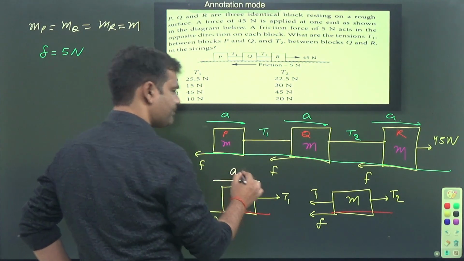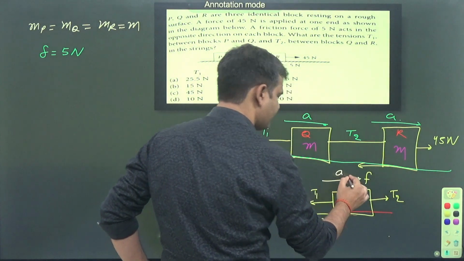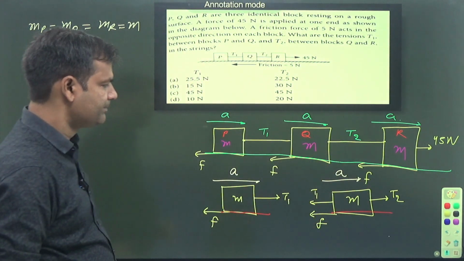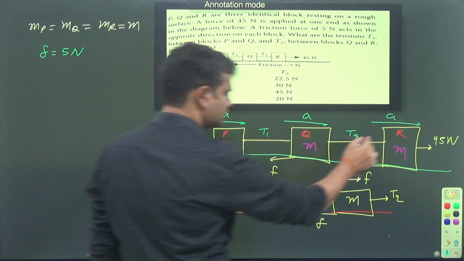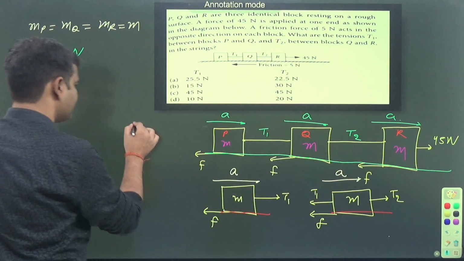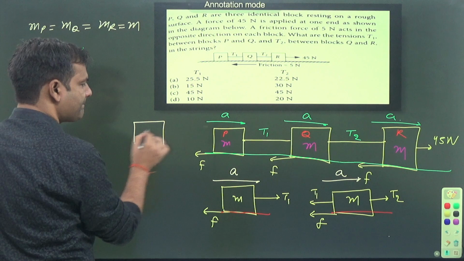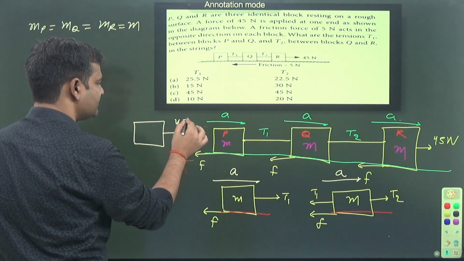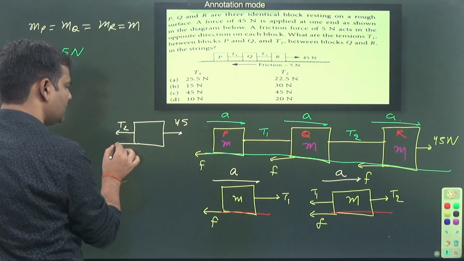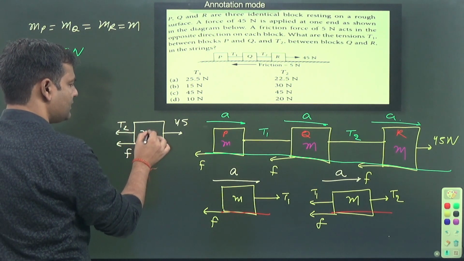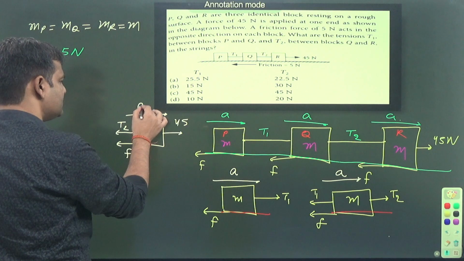That is A, here A. And the last one, make this also: here 45 Newton, here T2, here frictional force F, and here m with acceleration A.